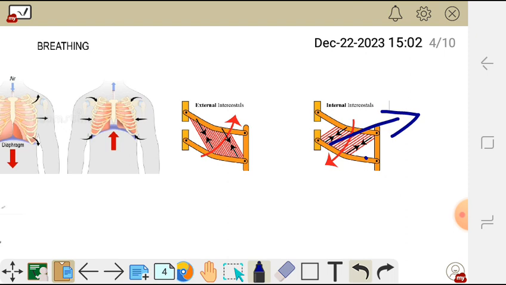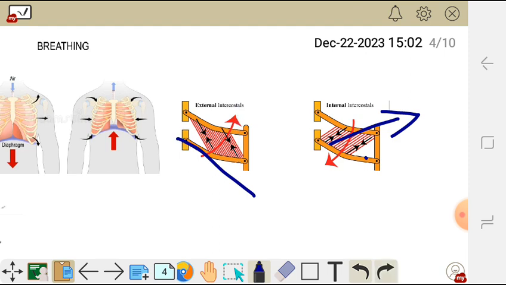This one, when it contracts, pulls the ribs outward and upward, like that. So during inspiration, the external intercostal muscles are going to contract. These ones are going to relax. When the external ones contract, they pull the ribs outward and upward to increase the volume of the thorax, so that the air comes inside the chest.